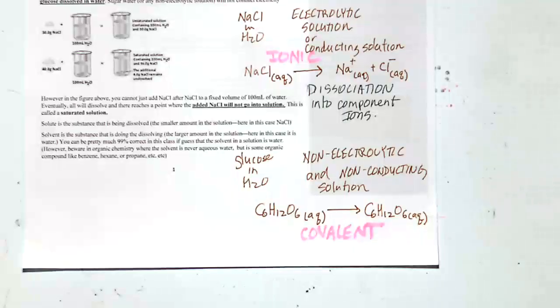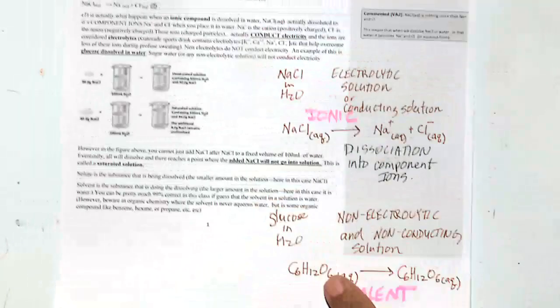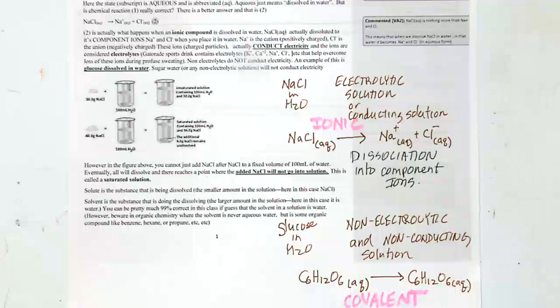Right, so any ionic compound, would it be conductive? Yes. Would it be electrolytic? Yes. Anything covalent, you dissolve it in water and make an aqueous solution, would it be conductive? No. So anything covalent in water is non-conductive. Anything ionic in water, what will it do?